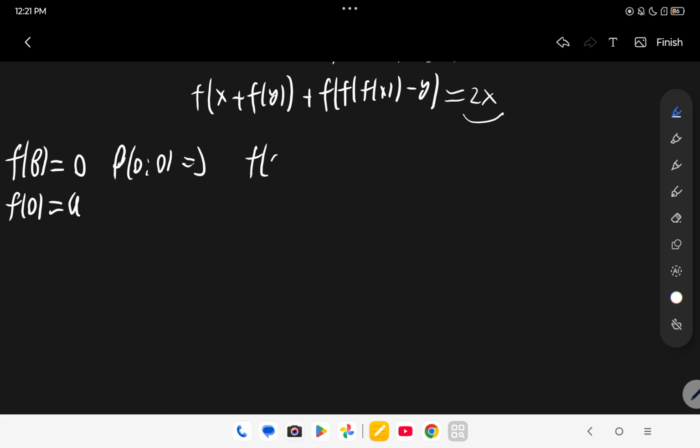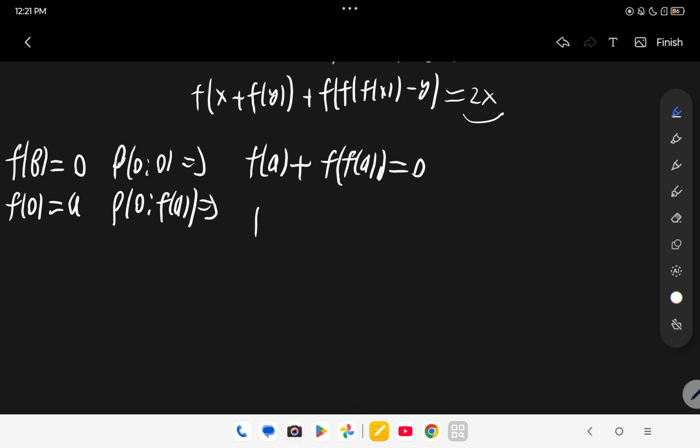Now let's put this, and we will get that f(a), actually f(a) minus f(a), which is 0, so we get plus a equals 0.